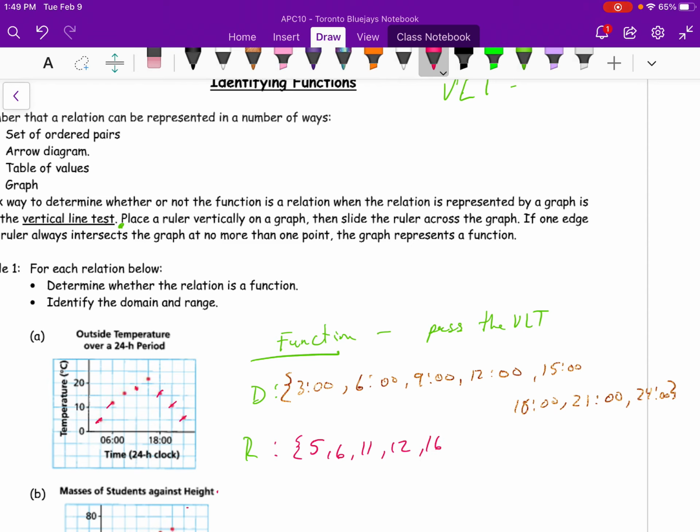This one is 16. Oh wait, this point also has a y value of 16, so no need to write that twice. That next one is going to be 18, and this one looks like it's going to be 22. So there's my range.